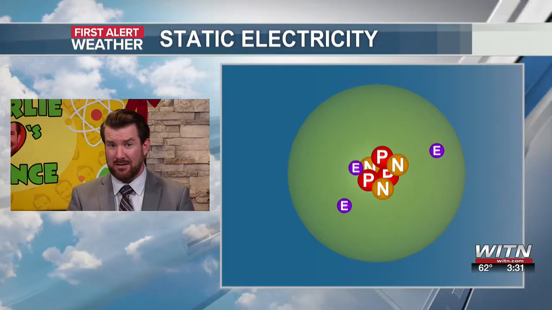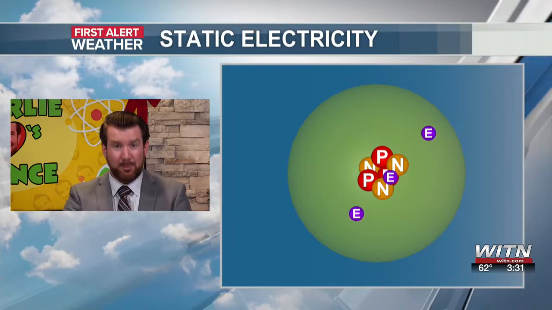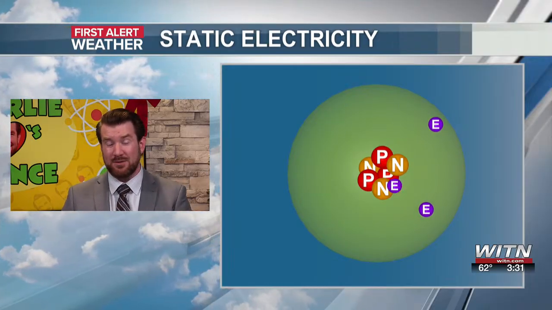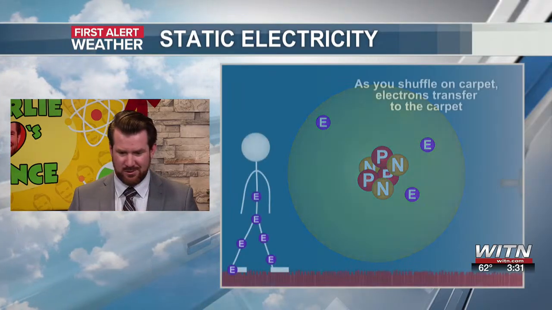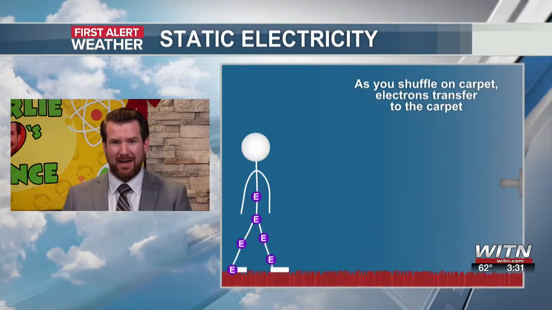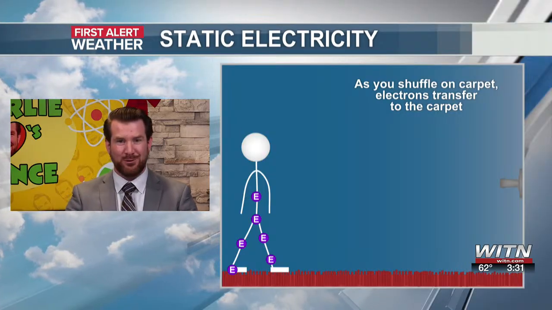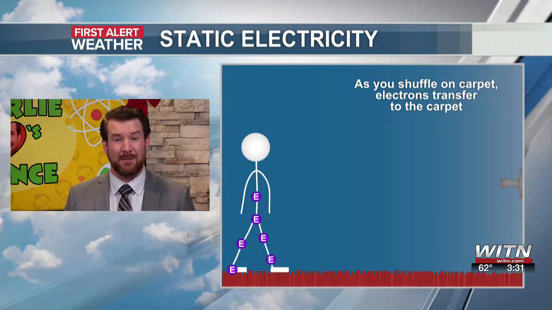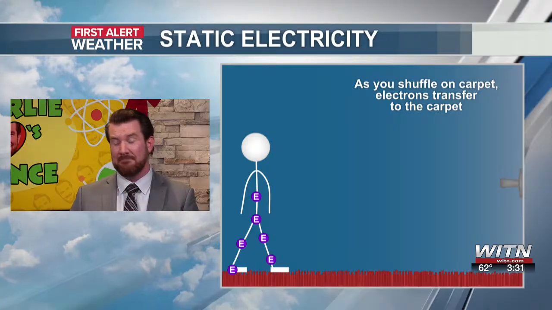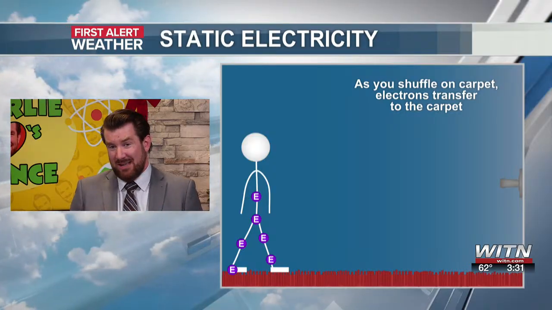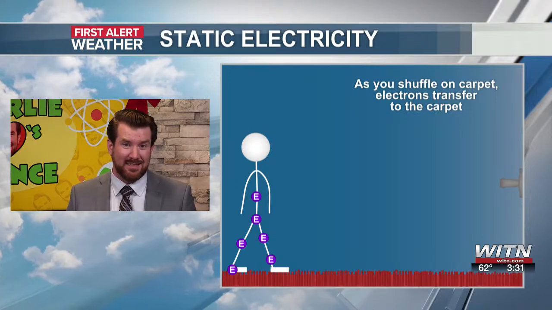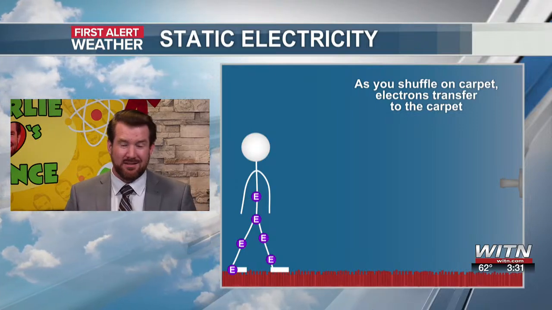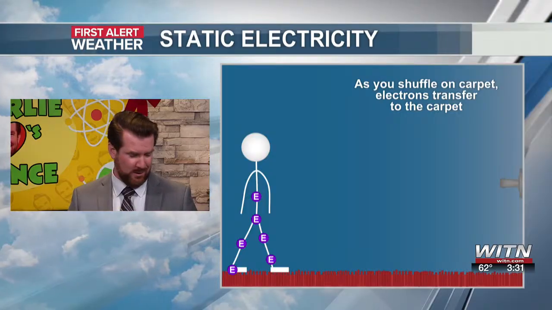Now, those electrons are able to peel off of their atoms and we can get loose electrons. This is how charges start to form. So if you're on a carpet and you shuffle your feet on the carpet, you can build up a charge. What is truly happening is your body's electrical charges are normally at a neutral state, but some of those electrons get rubbed off into the carpet.